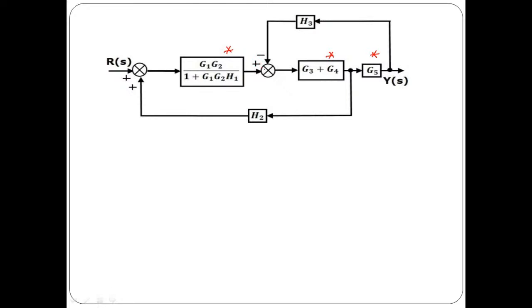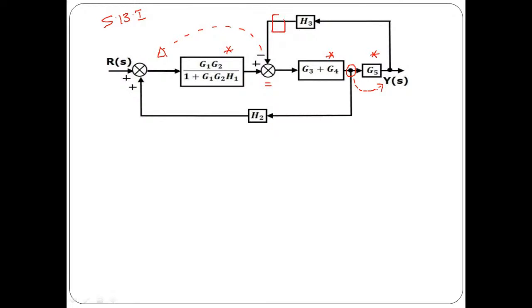Now we can shift this summing point before a block like this, or it may be possible that we shift this particular takeoff point after a block. We have two possibilities: either shift this summing point before a block and apply the rule SBI, shifting of summing point before a block, where we need to add an inverse block gain at the summing point.